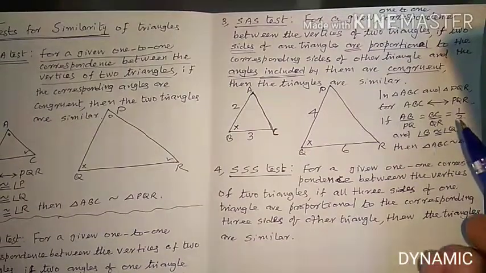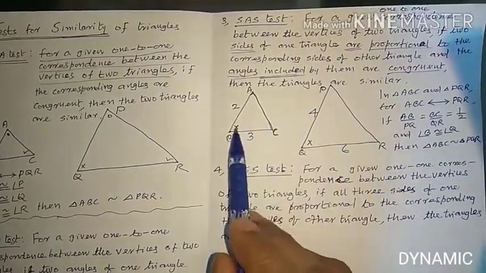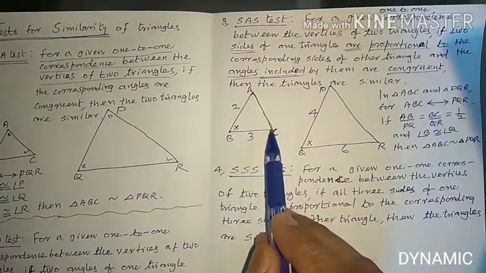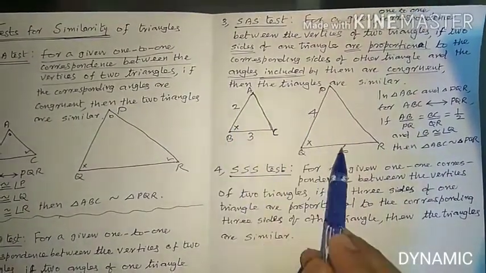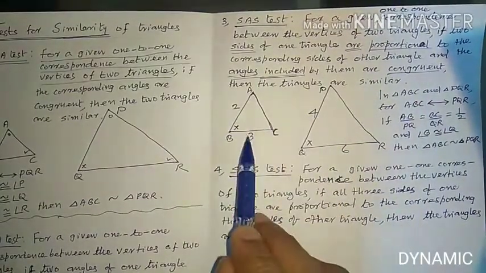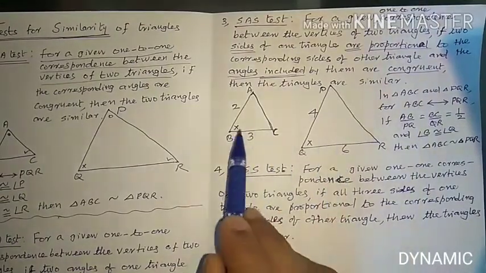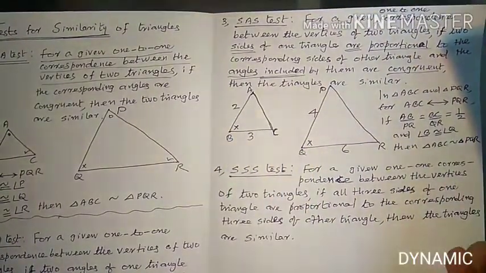What are you telling here? Two sides are proportional, and included angles, not some other angle. Sides are proportional, 2 times of this, 2 times of this. Then the included angles are also congruent. Then the triangles are similar.